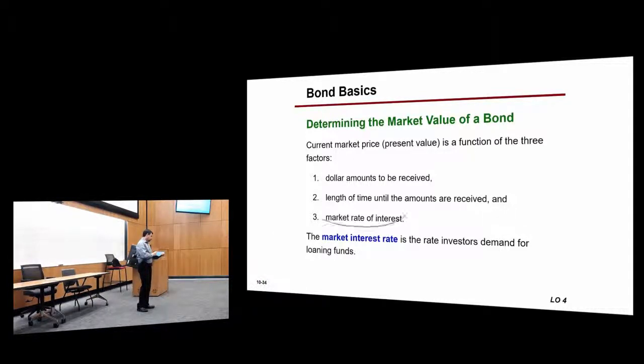The market rate of interest is basically what other lenders in the market are asking for. In other words, other similar bonds in the market right now, how much are they getting on average? So this is the market interest rate.